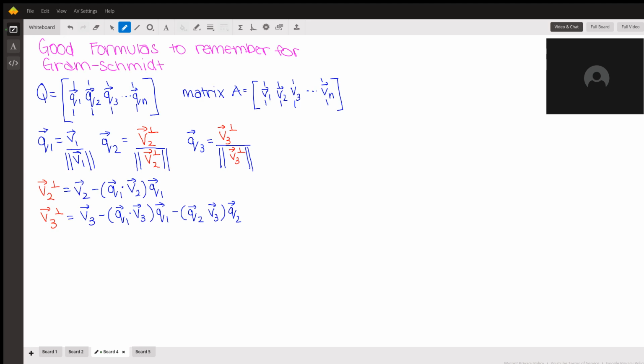The next thing we need to find is V2 perp. V2 perp is V2 minus Q1 dotted with V2, all times Q1.